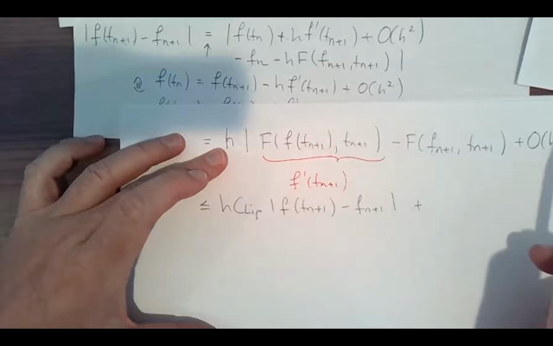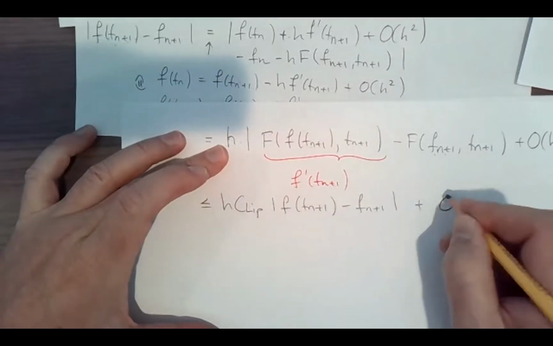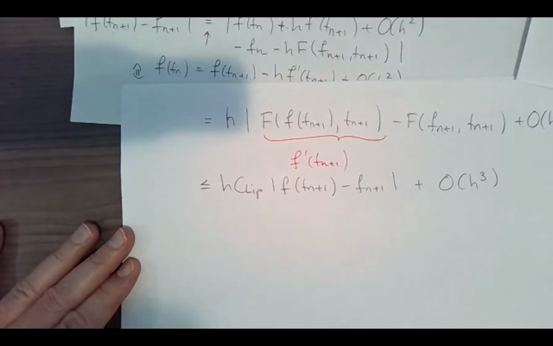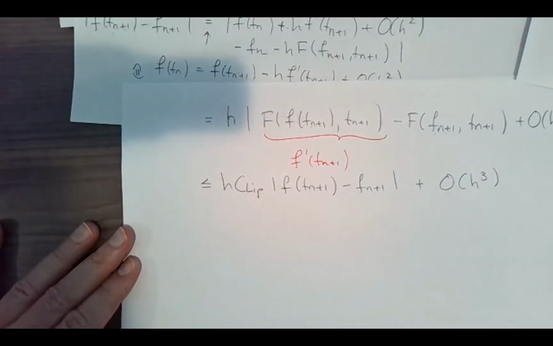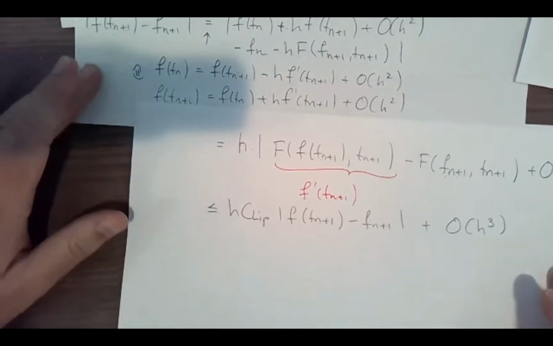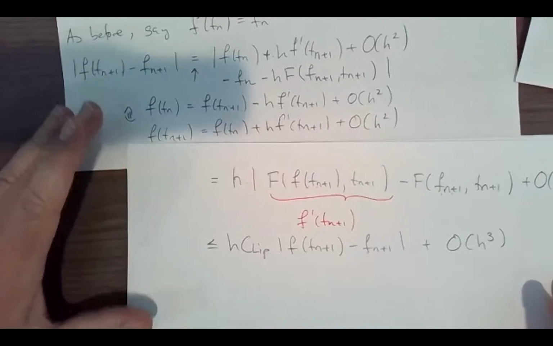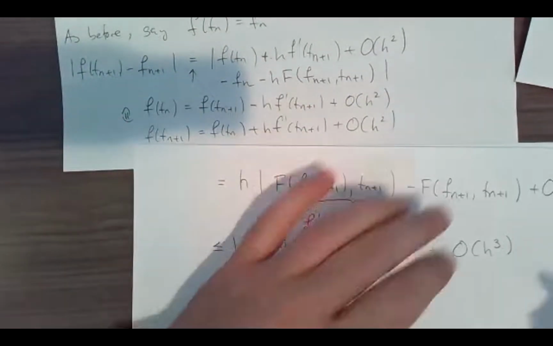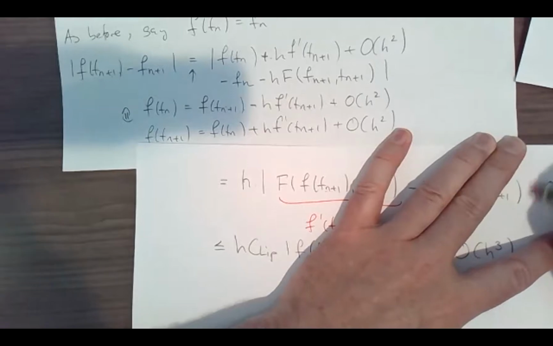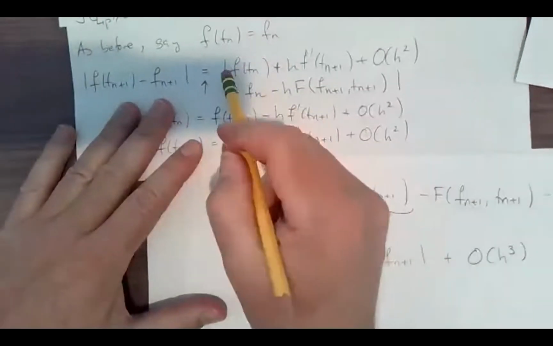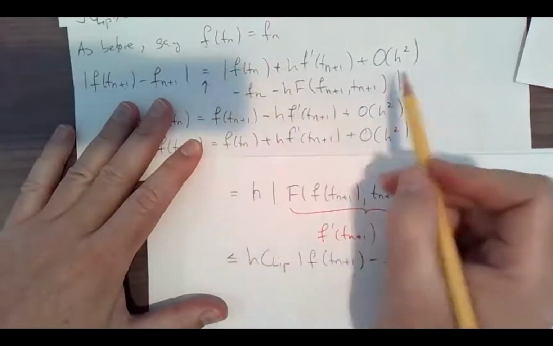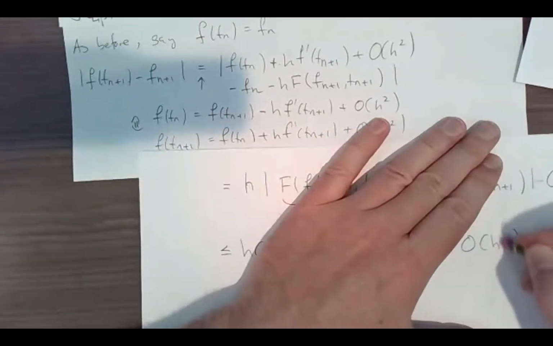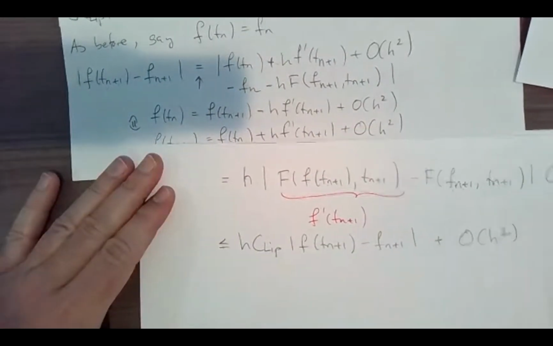So h is out there. So if I want to eliminate the h, I'll have O of h to the power 3. This is not right, this is wrong. There's no h out there. This is just O of h to the power 2. The absolute value should be there. And this should be 2.